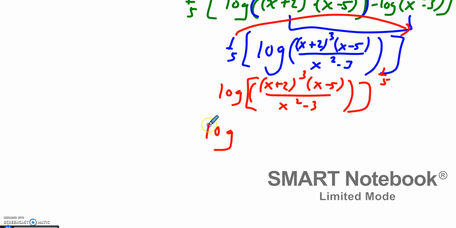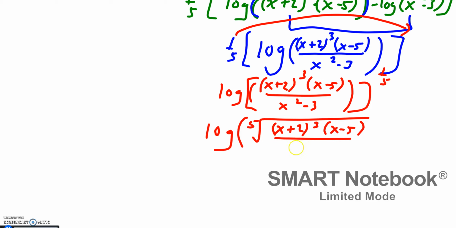So another final answer could be log of the 5th root of (x plus 2) to the third times (x minus 5) over (x squared minus 3). So the log always stays on the outside. If there's anything to a power, that power only applies to the argument of the log and not the actual log itself. So that would be our lovely final answer.